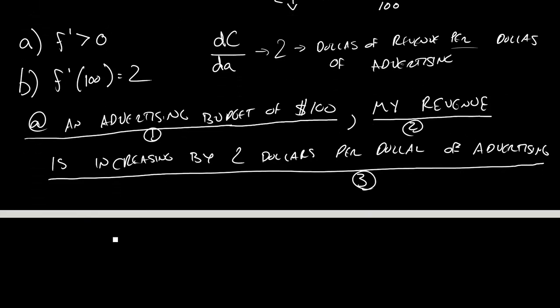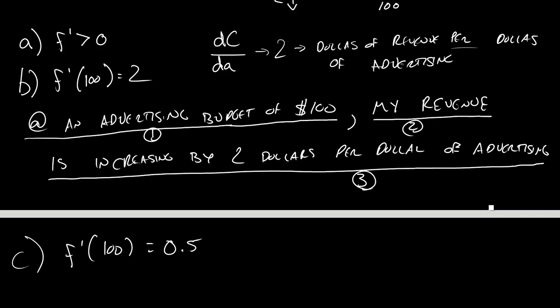Now, what if they tell me something like, and I'm skipping ahead to part C now, f prime of 100 is equal to 0.5? So we would do the same type of statement above. So at an advertising budget of $100, my revenue is still increasing, so that's not bad, but it's increasing by half a dollar per dollar of advertising.